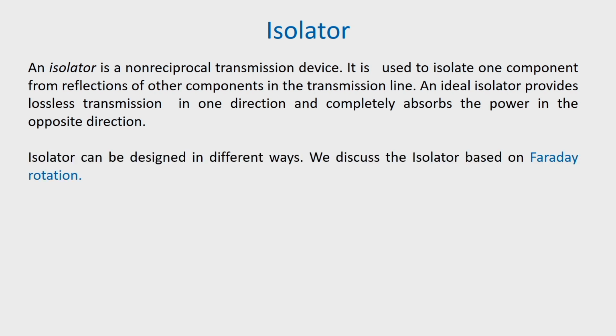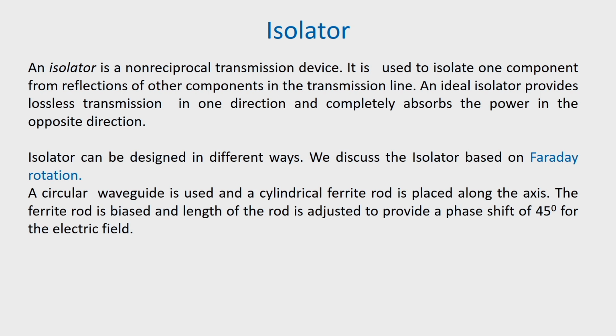Isolators can be designed in different ways. We will discuss the isolator based on Faraday rotation. A circular waveguide is used in the design, and a cylindrical ferrite is placed along the axis. The ferrite rod is biased and the length of the rod is adjusted to provide a phase shift of 45 degree for the electric field.